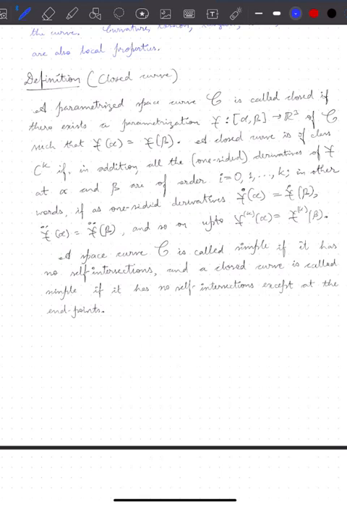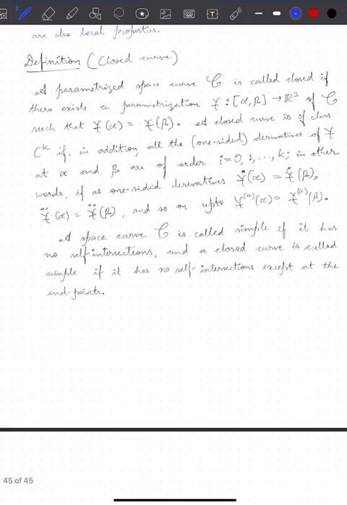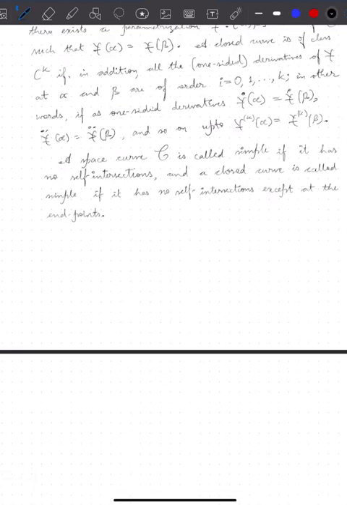So we have a proposition following this. It says that if a regular curve is closed, then it is bounded.